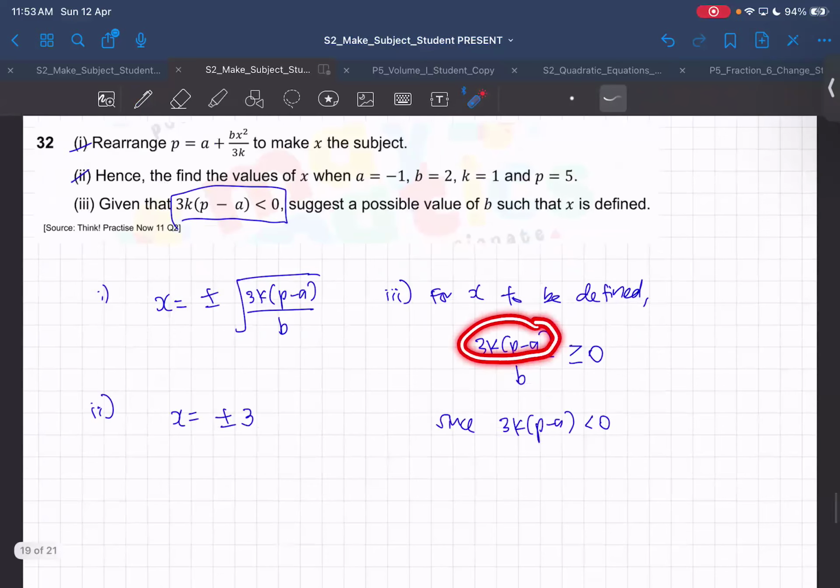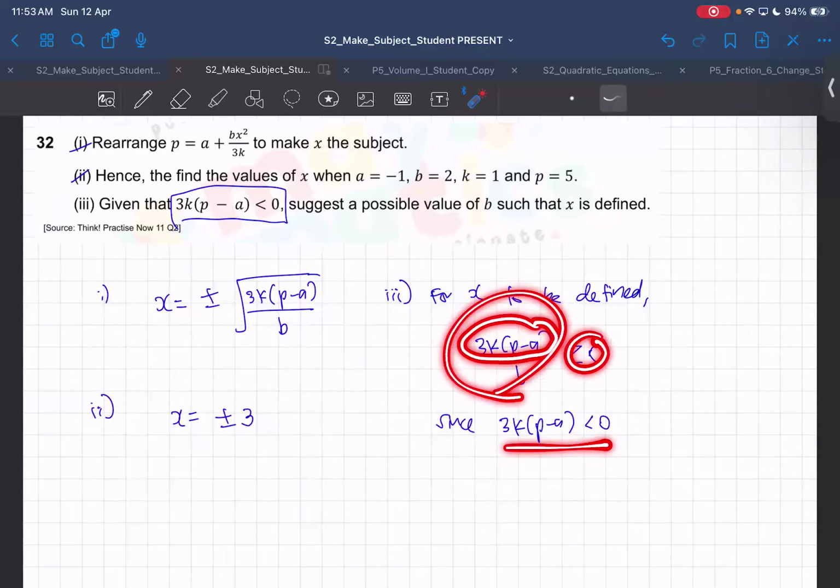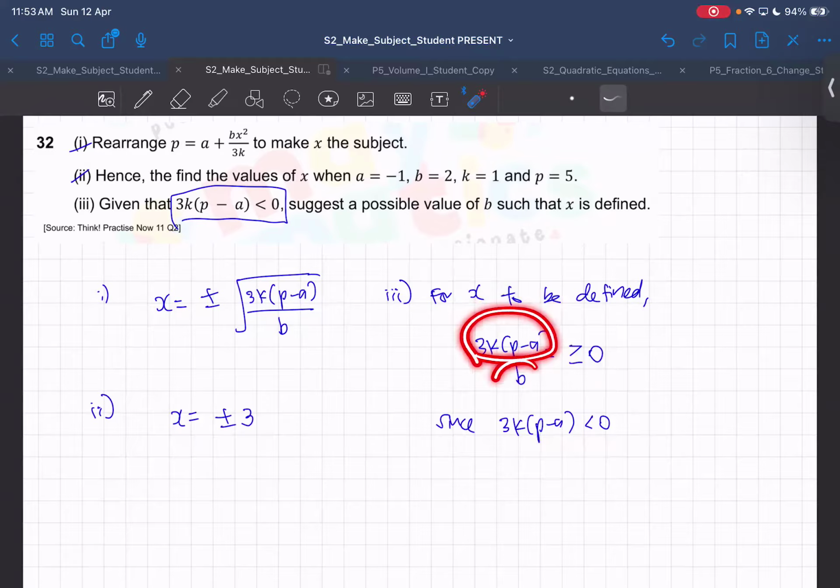This thing is negative, and I want this whole thing to be positive. So negative divided by what will give you positive? Negative divided by negative, right? So my b has to be negative. Then you double check again: negative divided by negative, you will get positive.